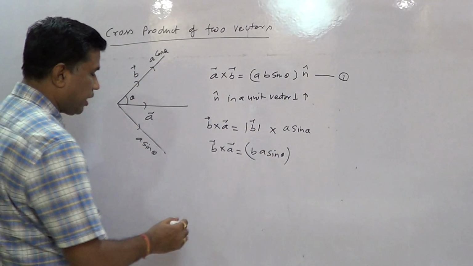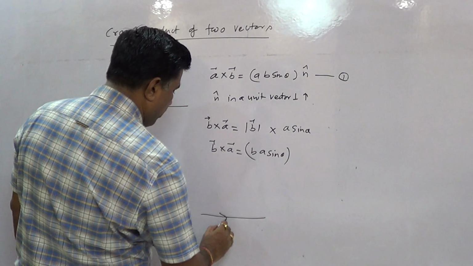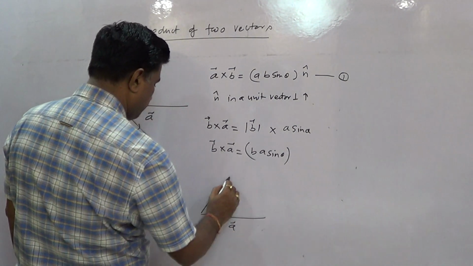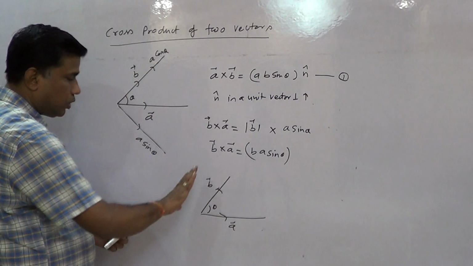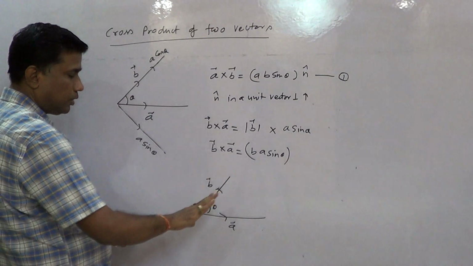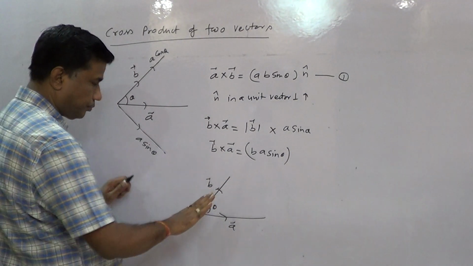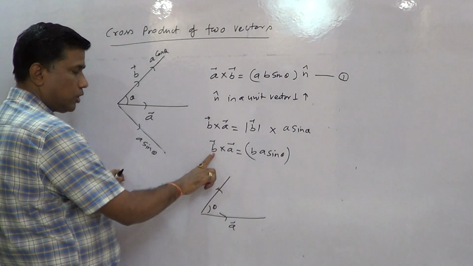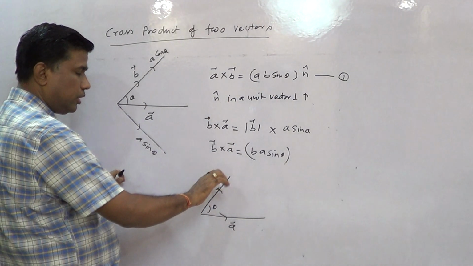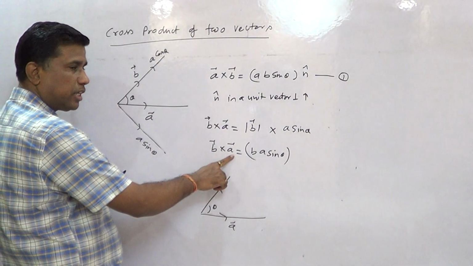So again, to find the direction of this B cross A, I will make it again. This is B and this is A. To find the direction of B cross A, we will keep these four fingers towards B first because this is the first vector. Now we will curl these fingers towards A. This is the second vector.